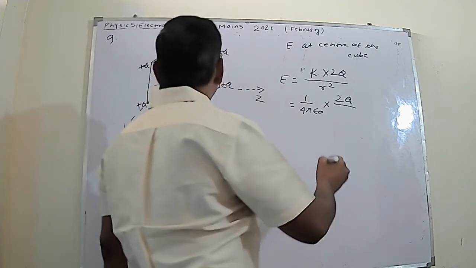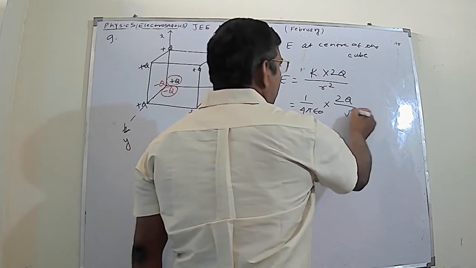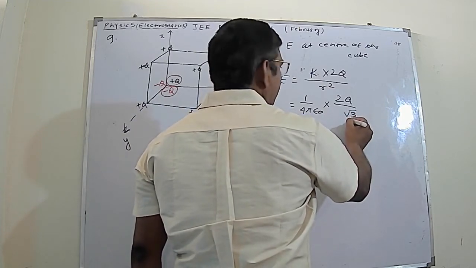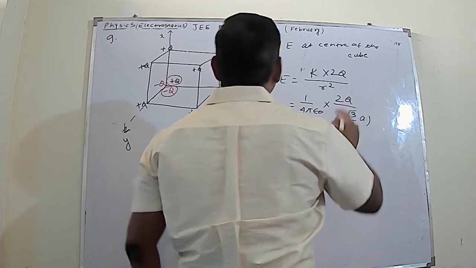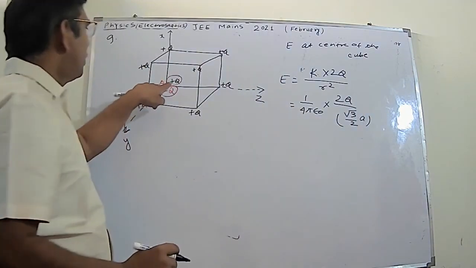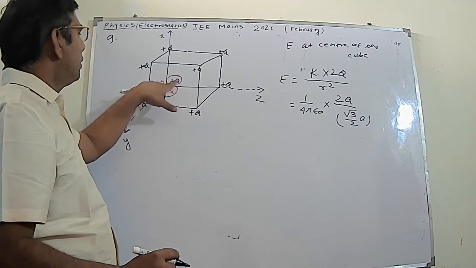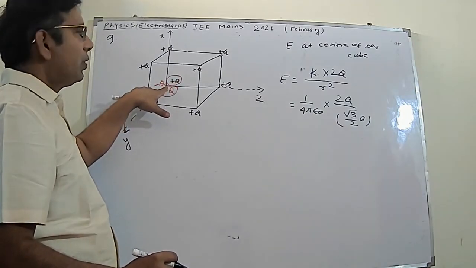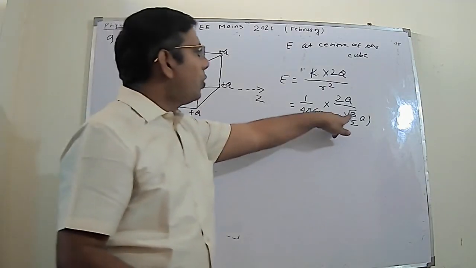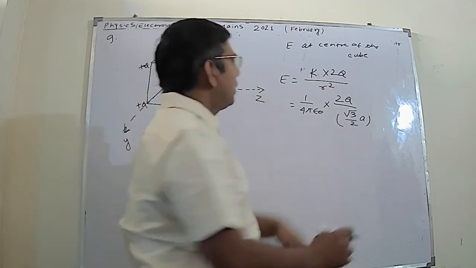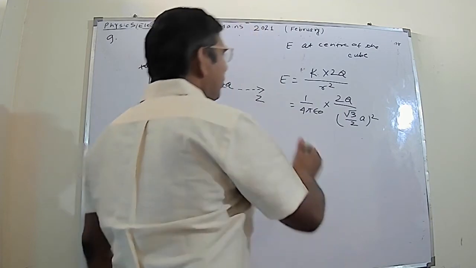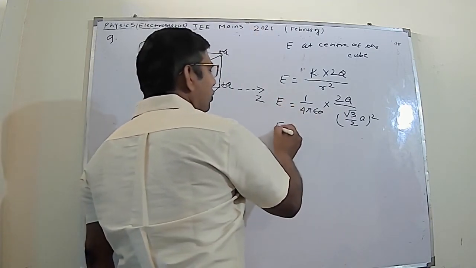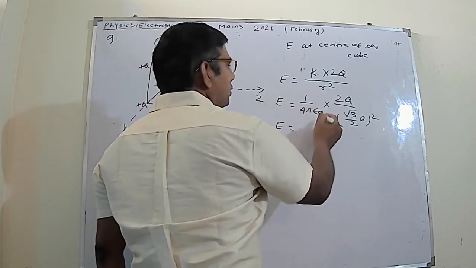Okay, so here it is root over 3 by 2 into a, if it has side a, and we know that the distance from the center of the cube to one corner is root over 3 by 2 into a. So the electric field magnitude will be this quantity.